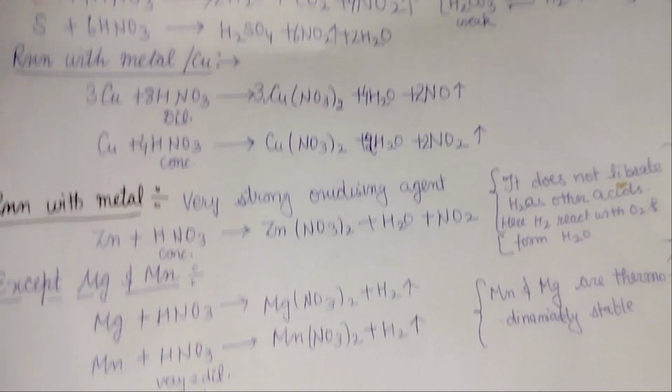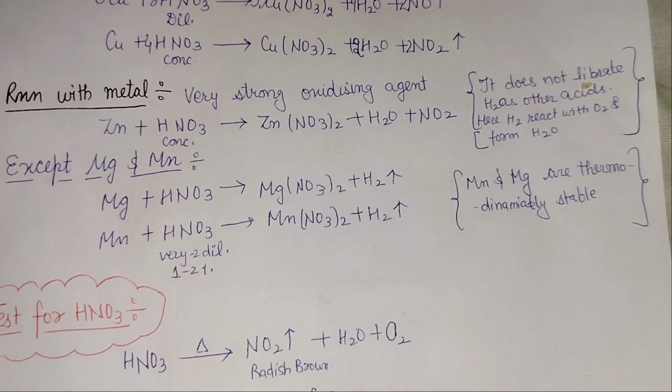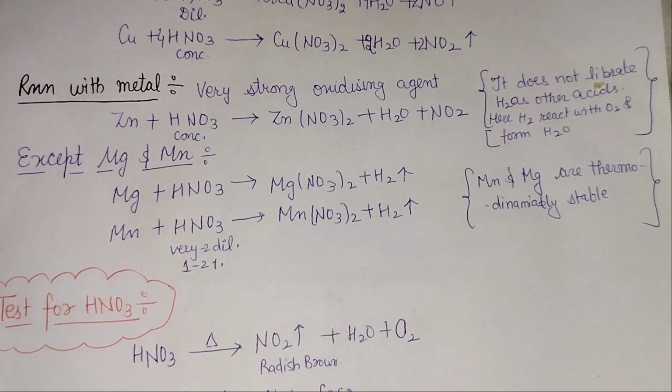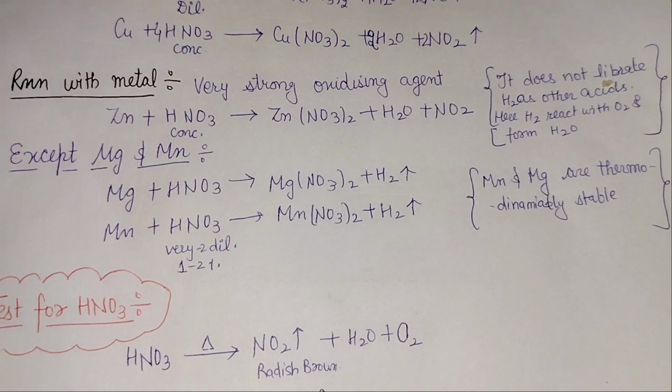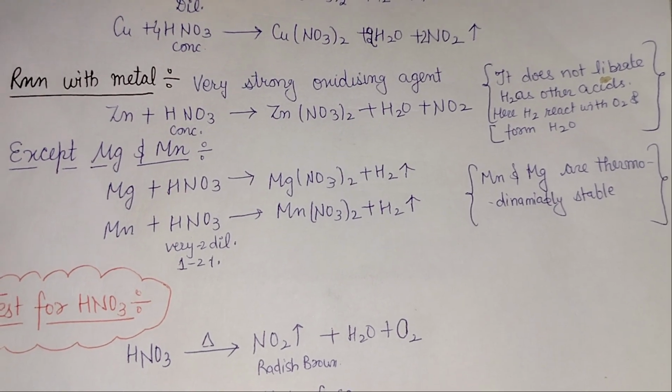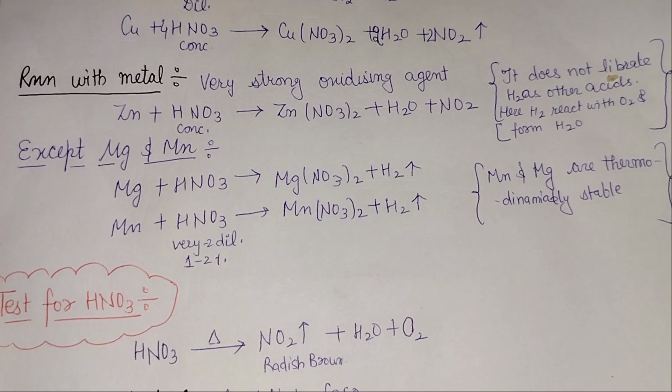Then reaction with metals: because HNO3 is a very strong oxidizing agent, it will not liberate hydrogen as other metals do. As we all know, whenever a metal reacts with an acid, it will liberate hydrogen.